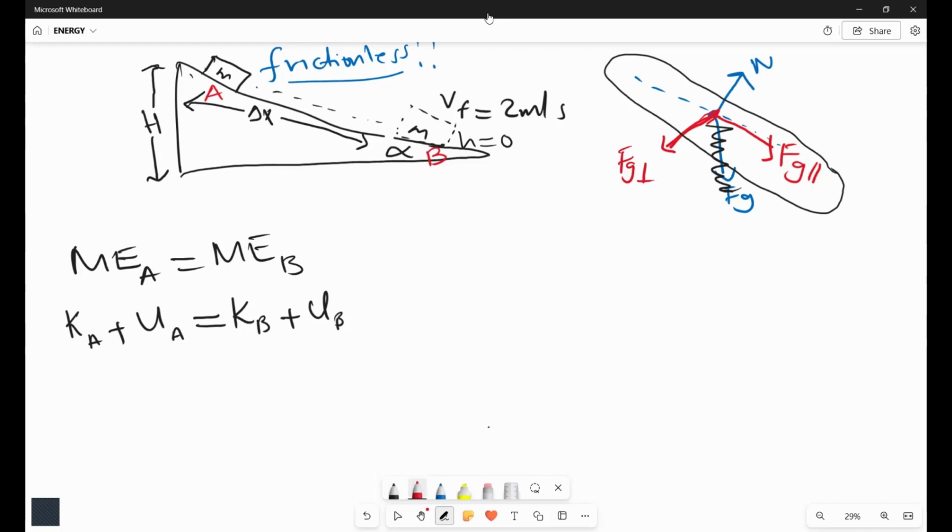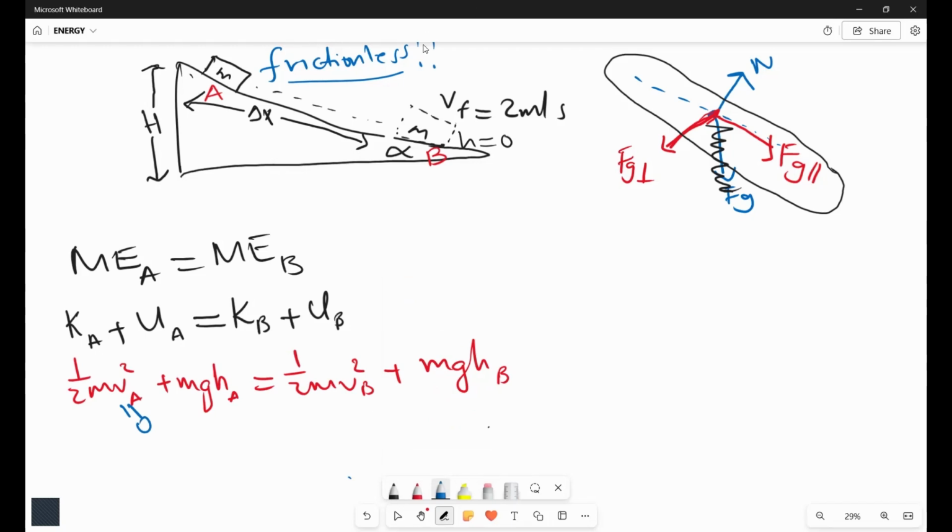So when you start substituting, remember, kinetic energy is half mv squared at point A plus mgh at point A, equals half mv squared at point B plus mgh at point B. Now you realize that at point A, your velocity is 0.